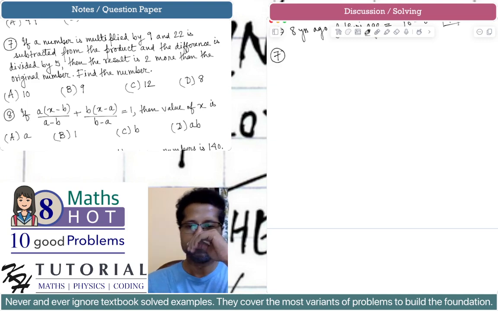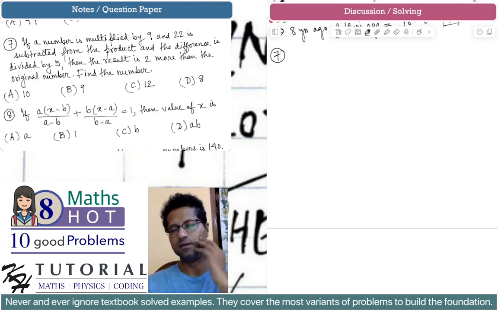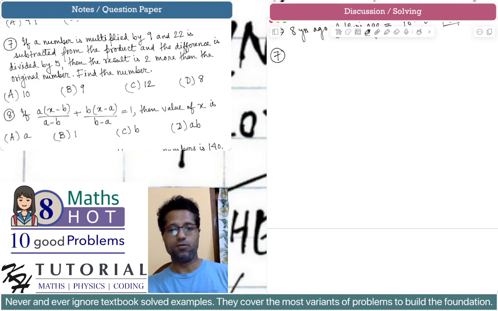Okay, so some word problems are a little complex. You have to read it multiple times to understand what exactly it is saying. If you do not understand the problem properly, then definitely you will come up with a wrong equation.